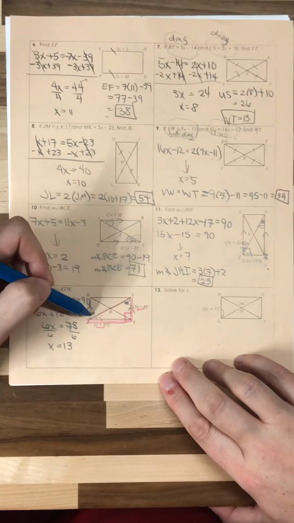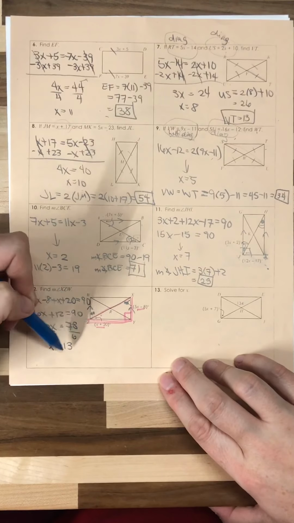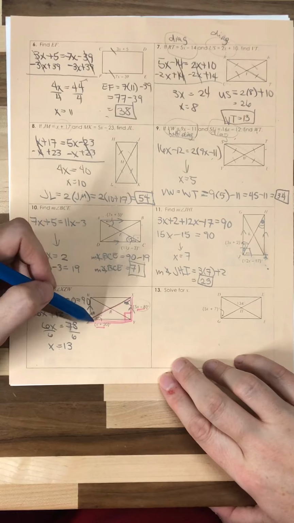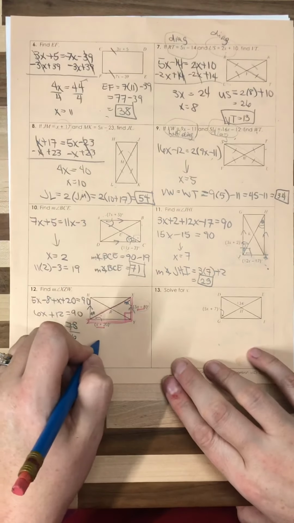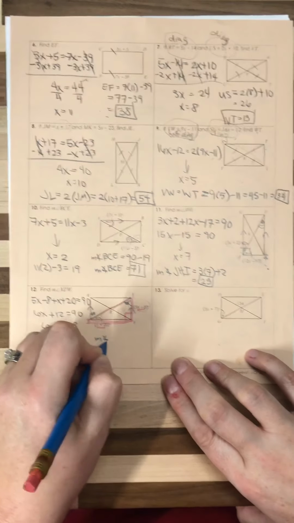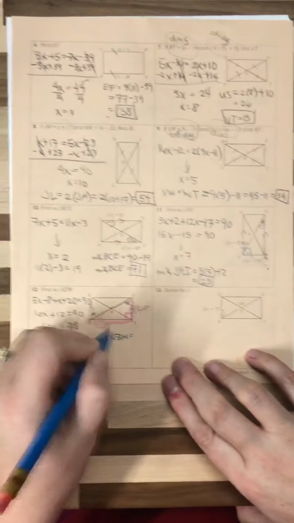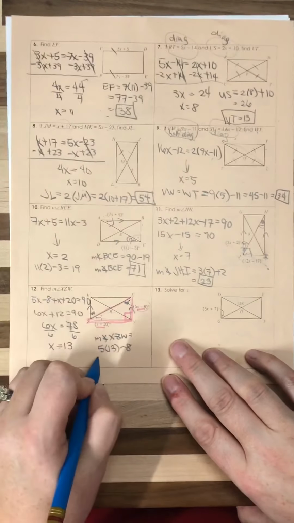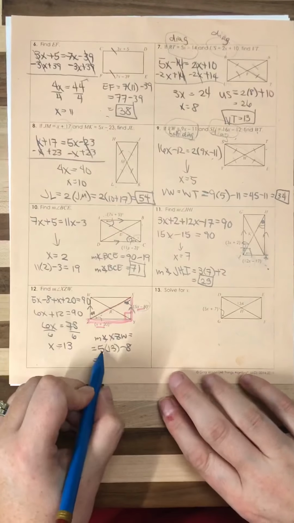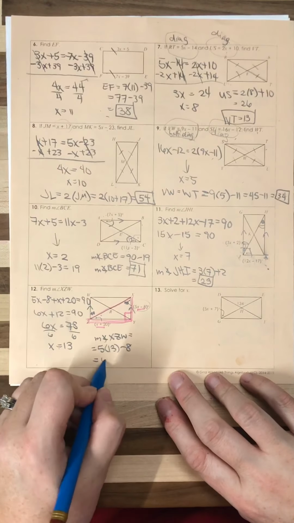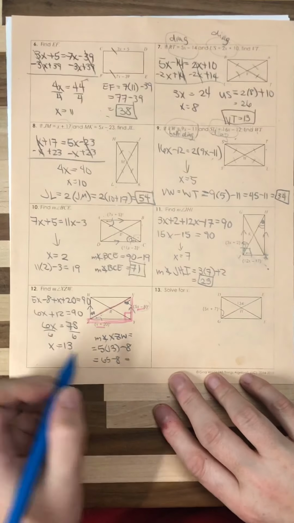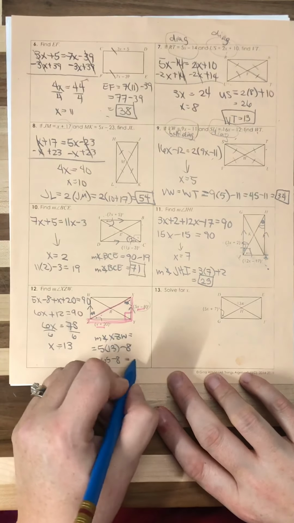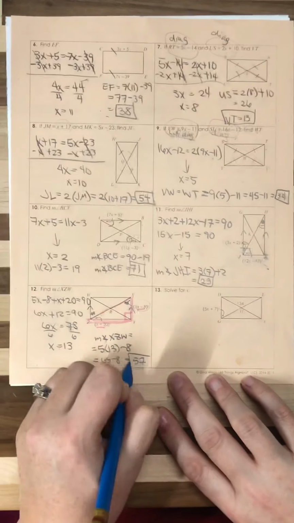So I'm going to plug into x here, not here, to save myself time. So the measure of angle XZW has to equal 5 times 13 minus 8, 65 minus 8, 57.